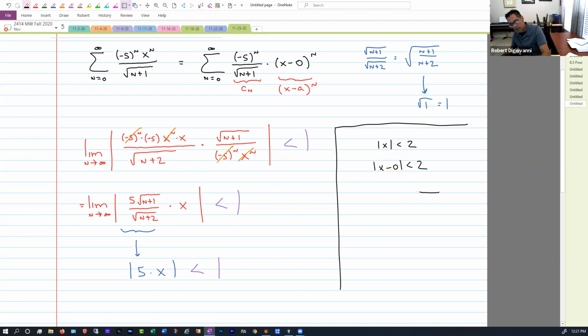So on a number line, it looks like this. Here's 0. X can be 2 to the left or 2 to the right. So it's everything, not including -2, not including 2, everything in between. So another way I could write that is x has to be between 2 and -2, right? That's what that really means.